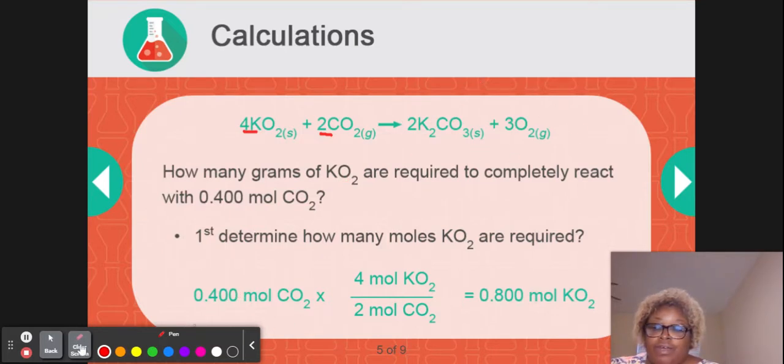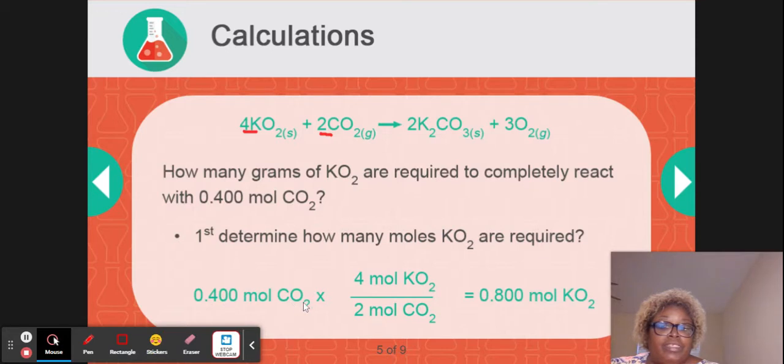And so you're going to start off with the 0.400 moles of CO2. We're going to multiply, and then we want to put our desired substance on top. What substance we start with always goes on the bottom.